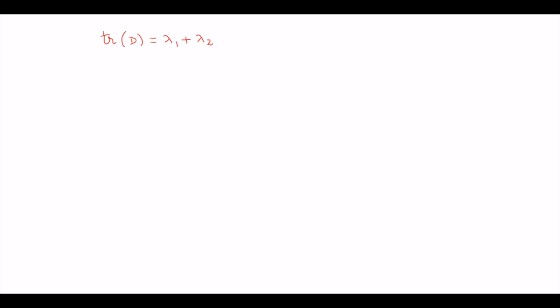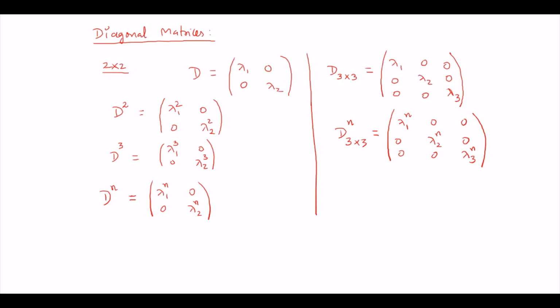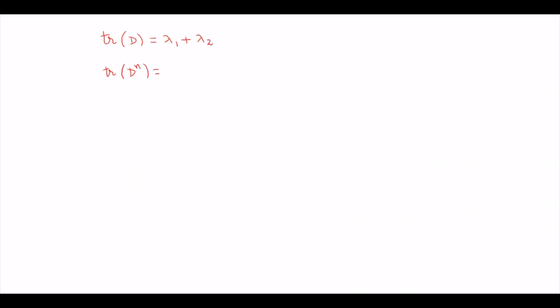Now what about the trace of D power n for 2 by 2 matrices? That is about this matrix. So this is simply lambda 1 power n plus lambda 2 power n. So this is the advantage.